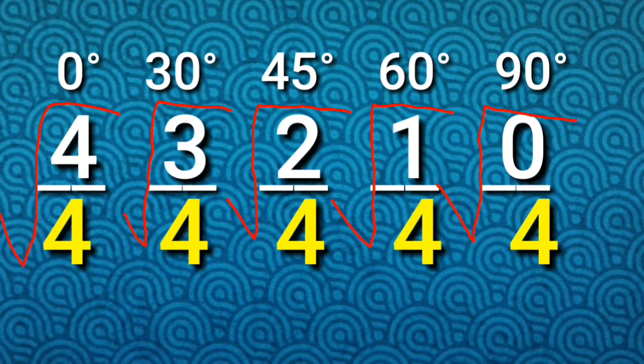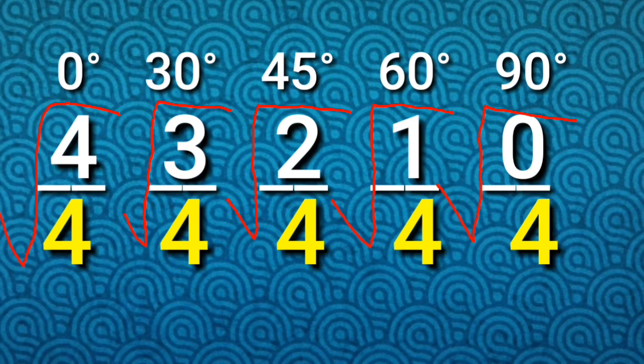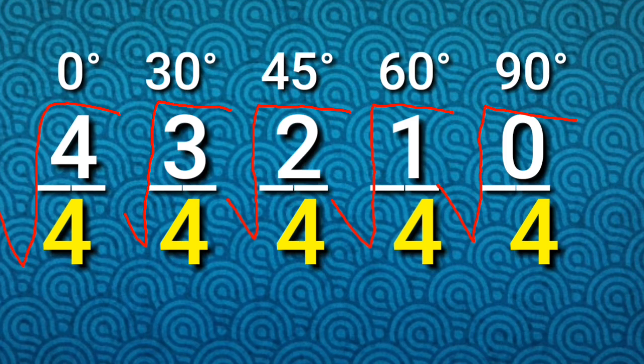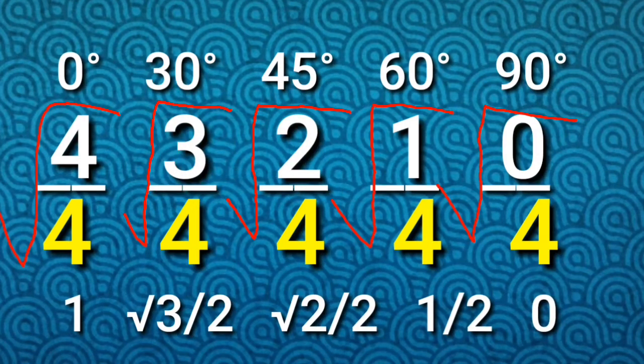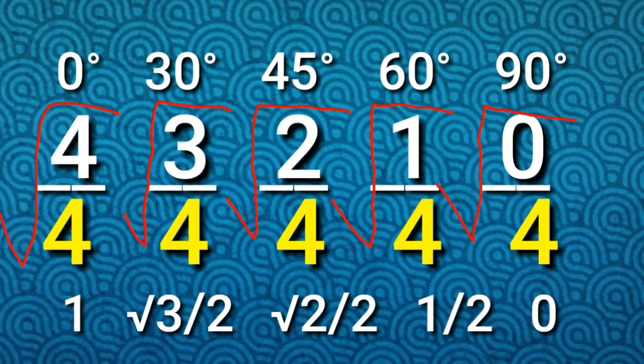Cosine 0 degrees equals the square root of 4 over 4. 30 degrees equals the square root of 3 over 4. 45 degrees equals the square root of 2 over 4. Like that, simplify it to the exact value.